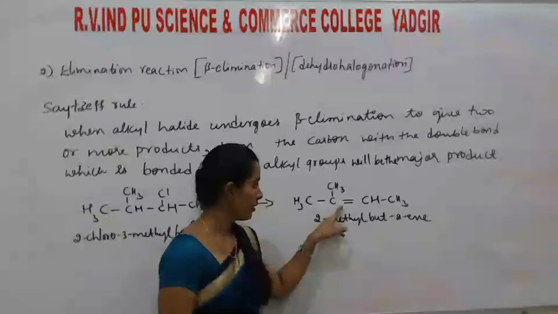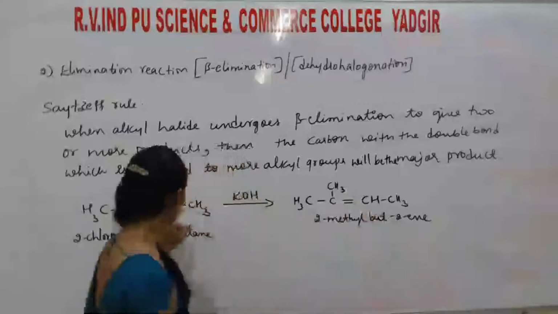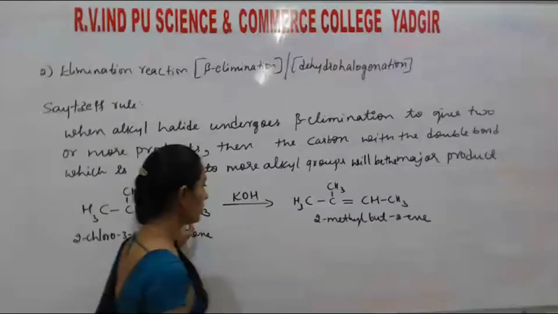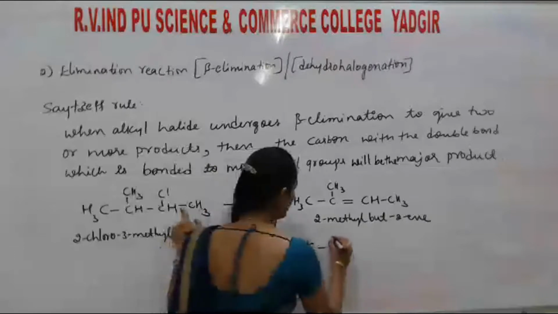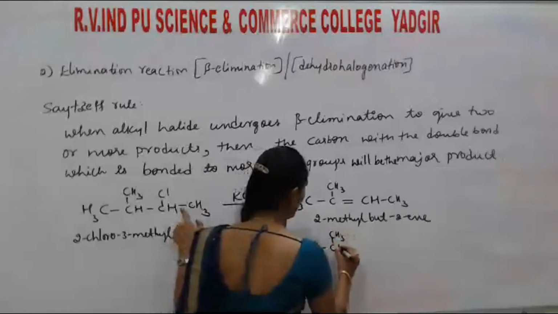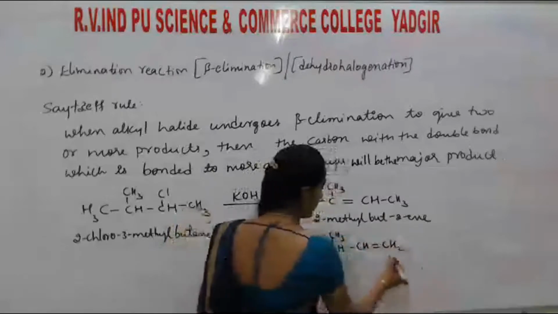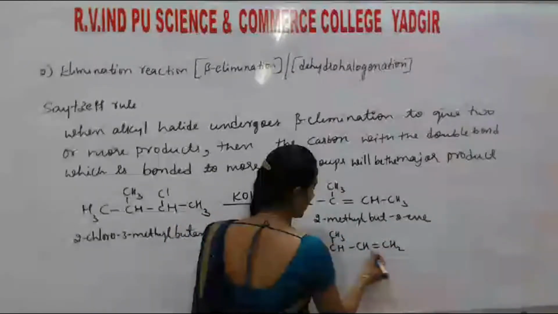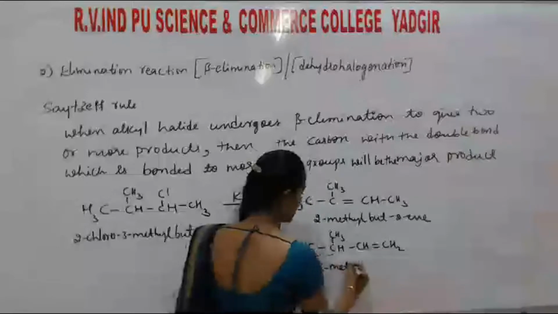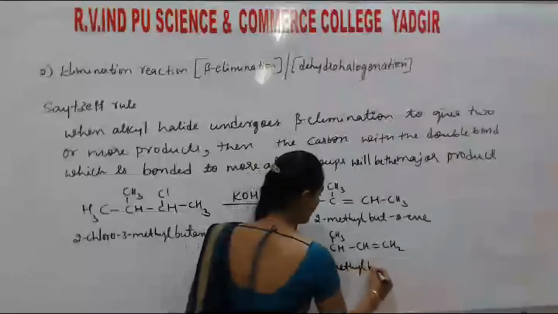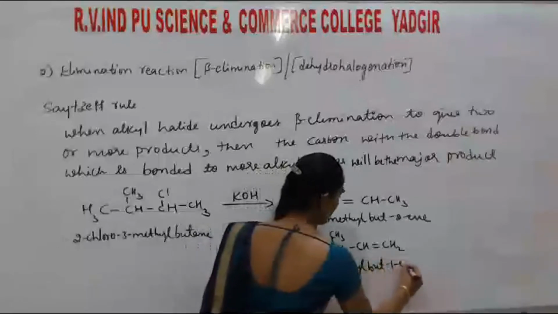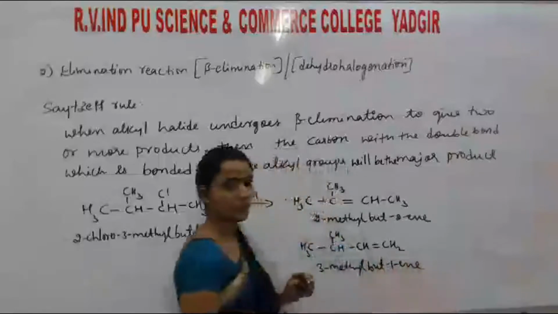Second position double bond, so but-2-ene. Another one has the double bond at the end, that is CH3, CCH3, CH single bond CH double bond CH. Here the third position has the methyl, so 3-methylbut-1-ene.